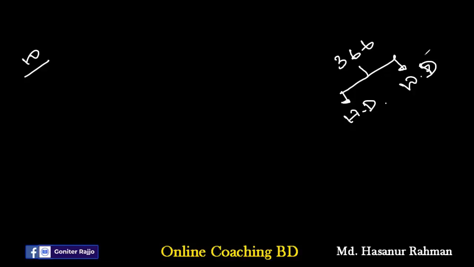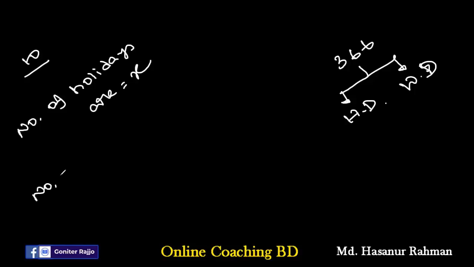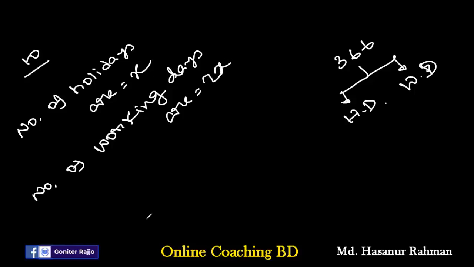At first, we have to form an equation. So how can we form an equation? We can say that the number of holidays is x and the number of working days is twice, that means 2x.